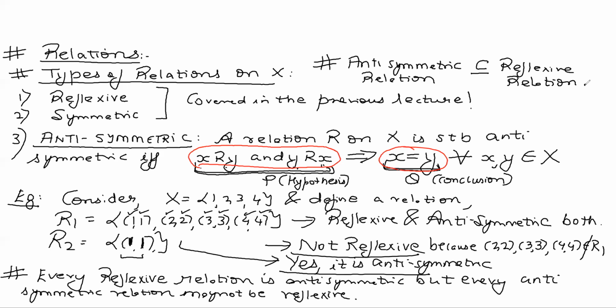Okay, now let's define transitive. This is the fourth type of relation, transitive.